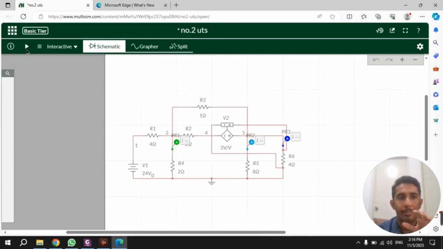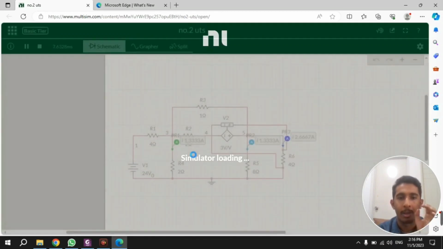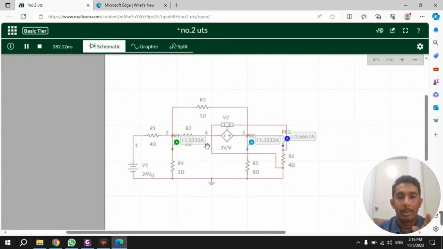However, I could also explain how this can work. We're also gonna see how much the current is in each loop. So as we predicted from our calculation, 1.33, 1.3, 2.6 amperes.